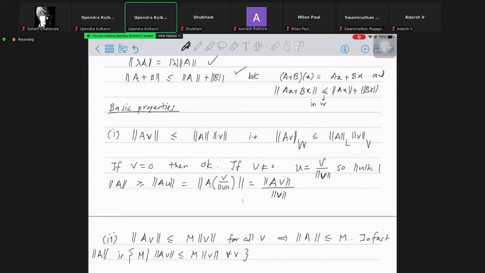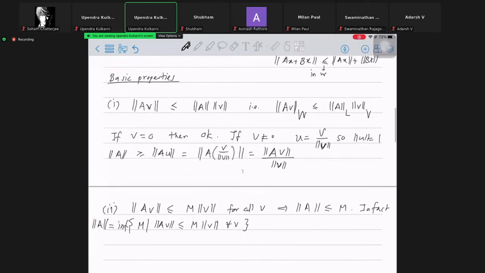So in fact, the norm of A is less than or equal to the infimum of this set. But in fact, it is precisely equal to the infimum. Okay, so let's just do this a little bit. The first part is very easy.